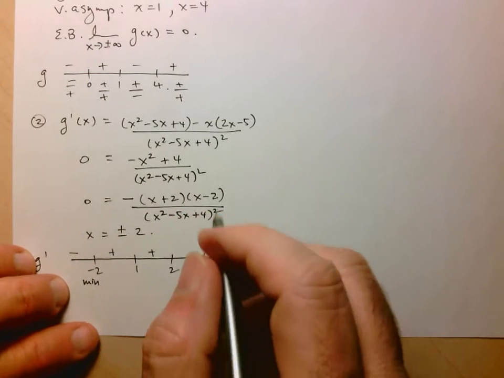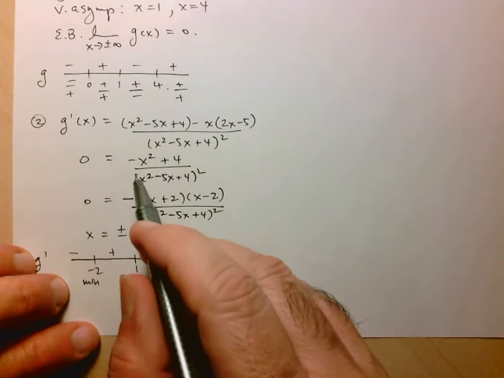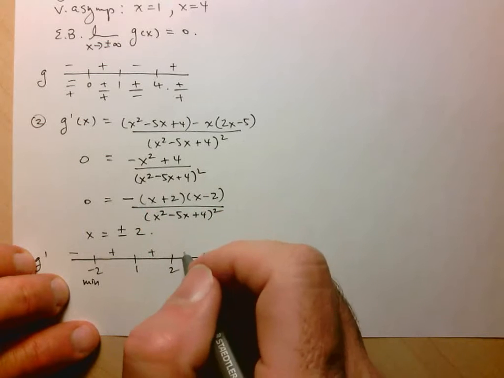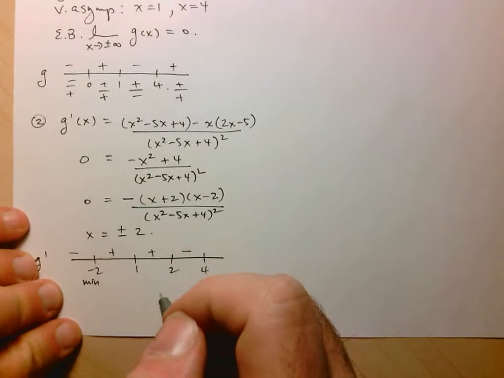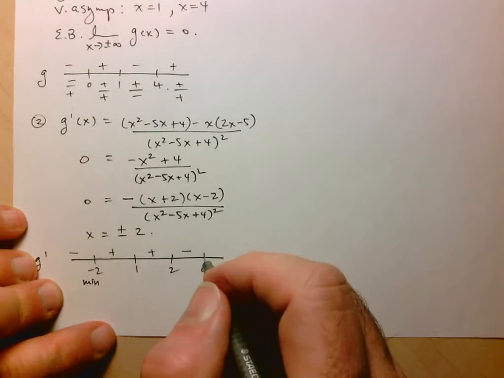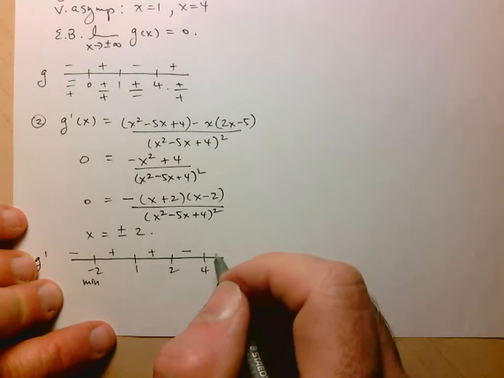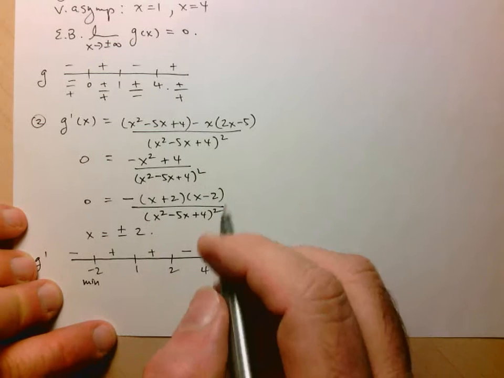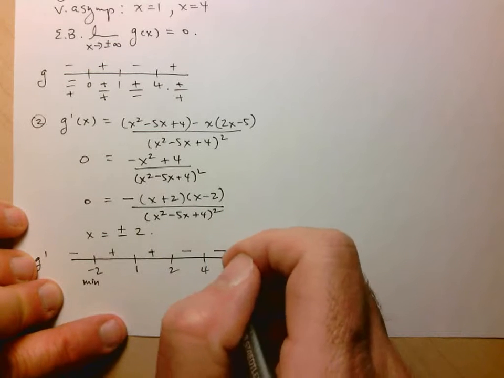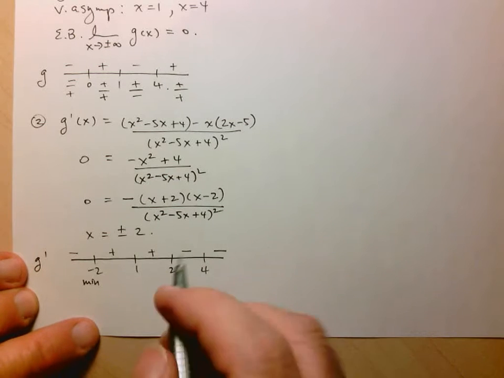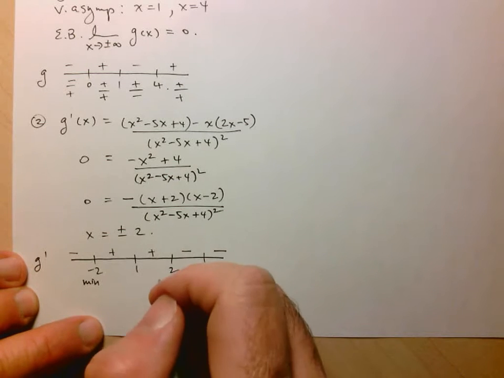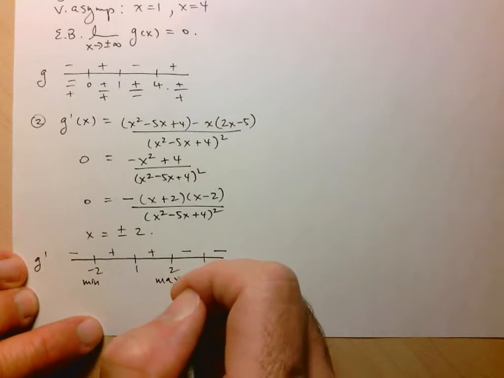And then between 2 and 4, let's put 3, so -9 plus 4, this here is negative. And when x is greater than 4, again -25 plus 4, that's going to be negative. So that means positive to negative around 2, so we have a max at x equals 2.